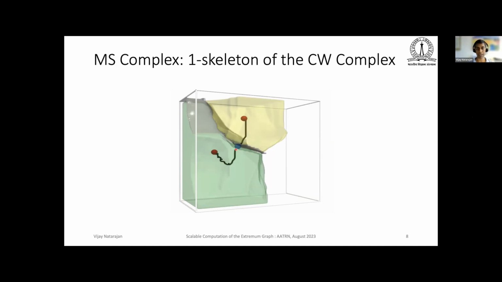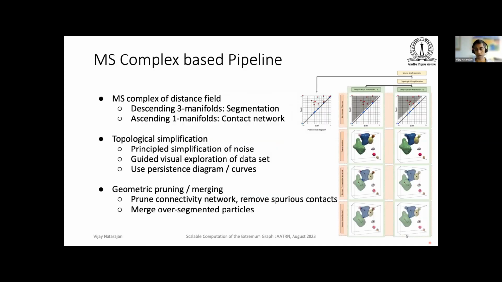They capture the adjacencies between the segments, and that provides us the contact network. So this is essentially the starting point for computing a useful segmentation.